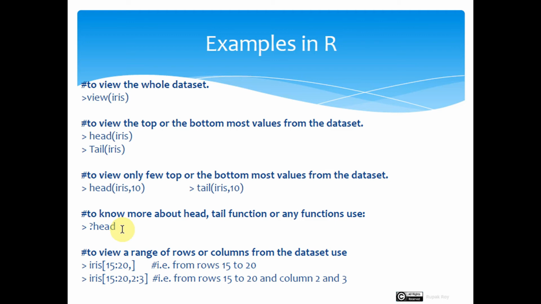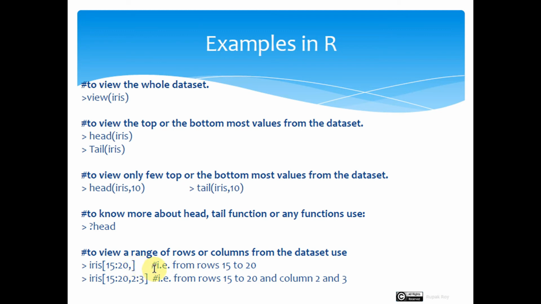As we are aware of calling the values of the dataset by their positions in row and column format, we can also call a number of rows and columns using the same row and column format. For example, for this iris dataset, define the range of positions like 15 to 20, then comma, blank space will refer to all the columns.